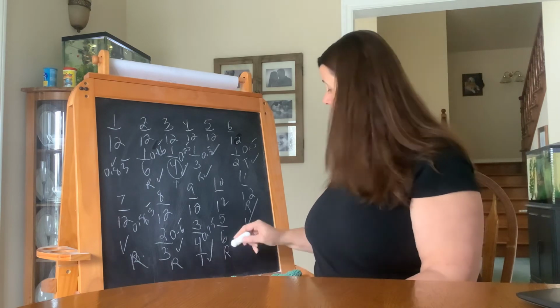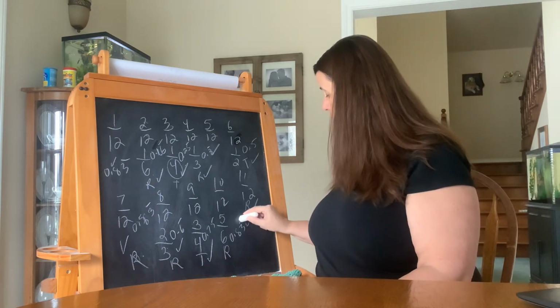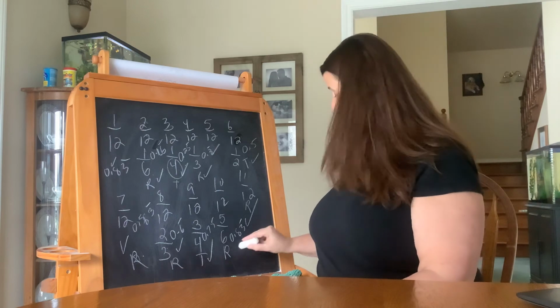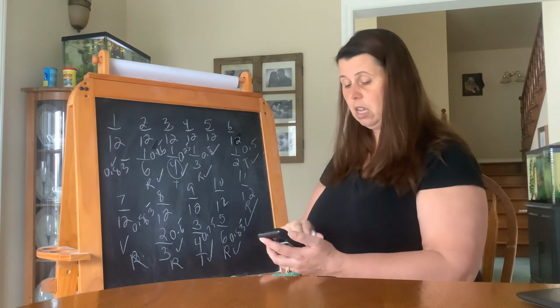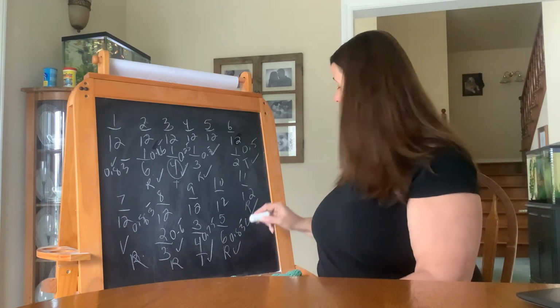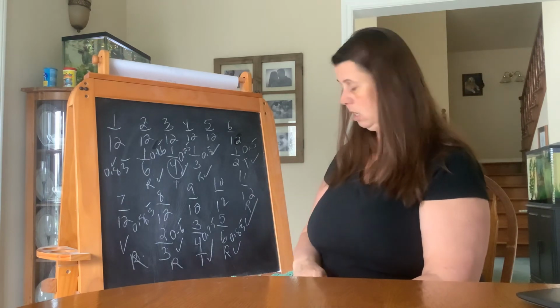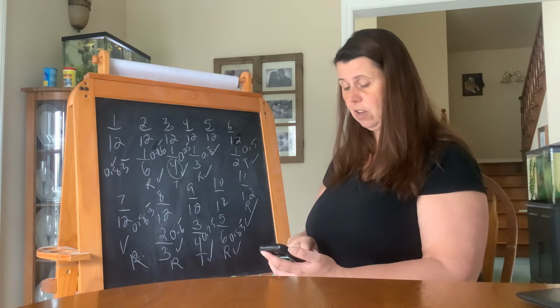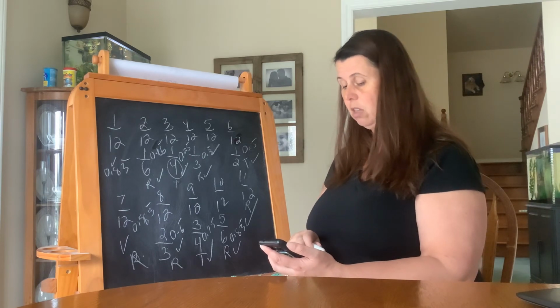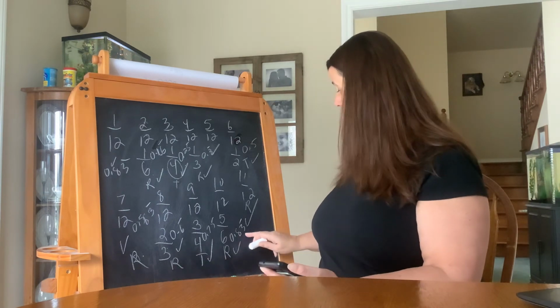5/6 is 0.83 repeating, so we were correct. It repeats. And 1/12 is, what did I do? 5 divided by 6 is decimal 83 repeating. I got that.